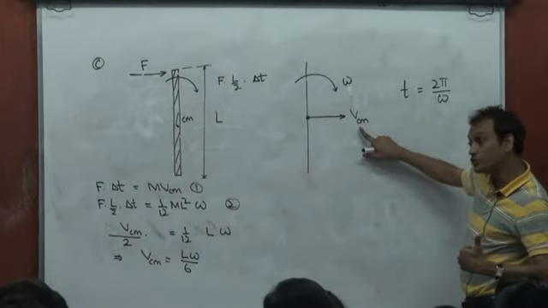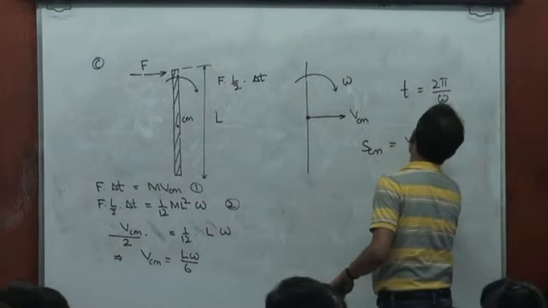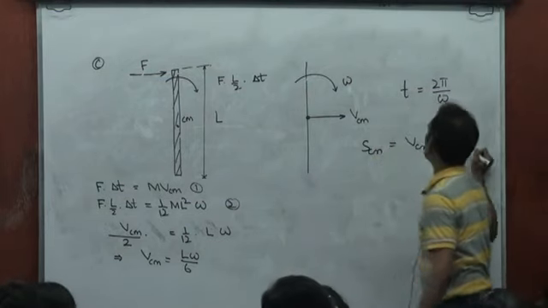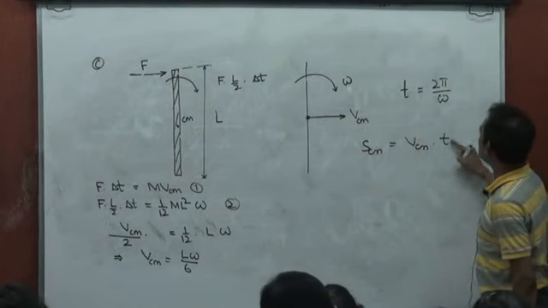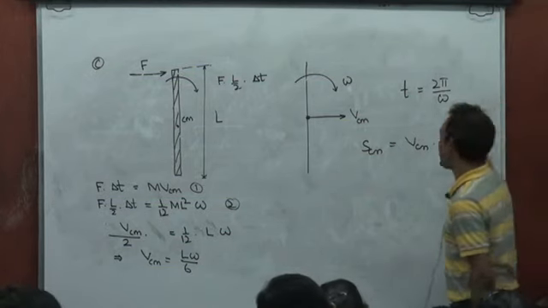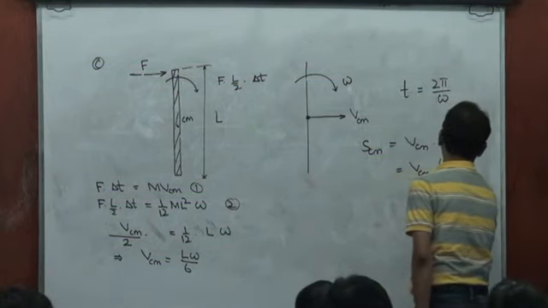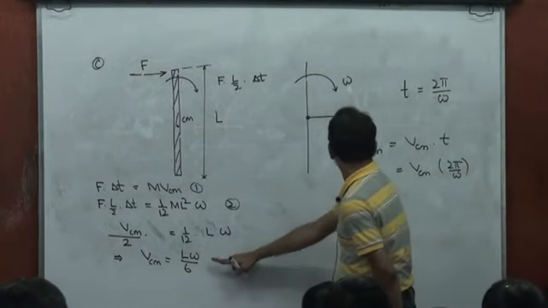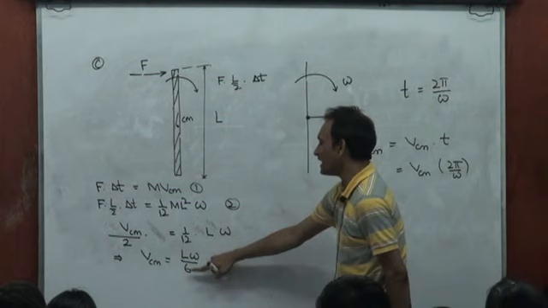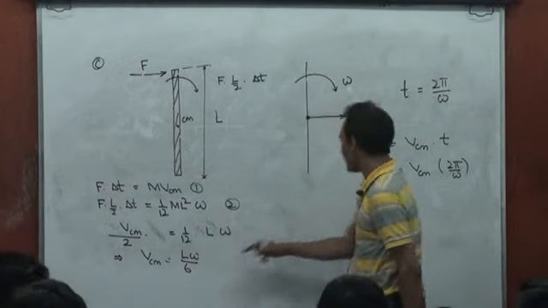Distance traveled by the center of mass in this time? Well, the center of mass has a constant velocity, so VCM into T, where T I can write as 2 pi by omega. And as you can see from this equation, VCM by omega is L by 6.